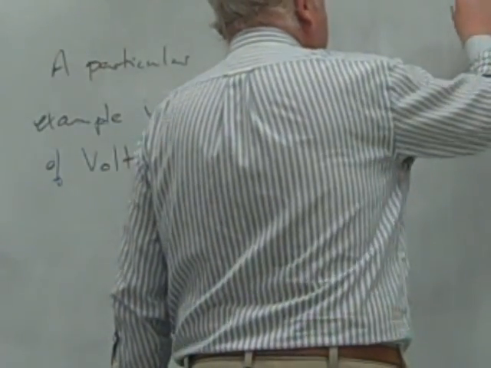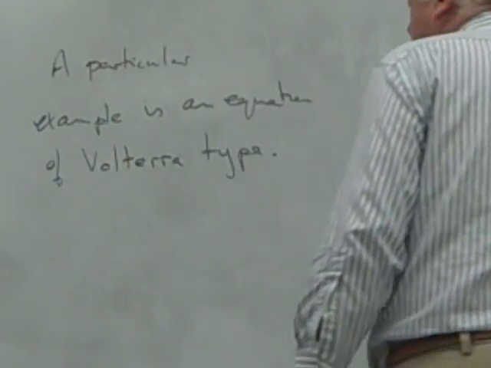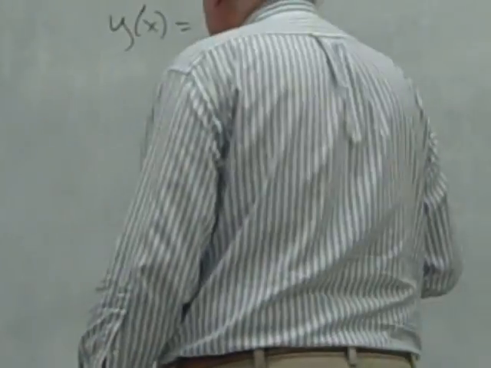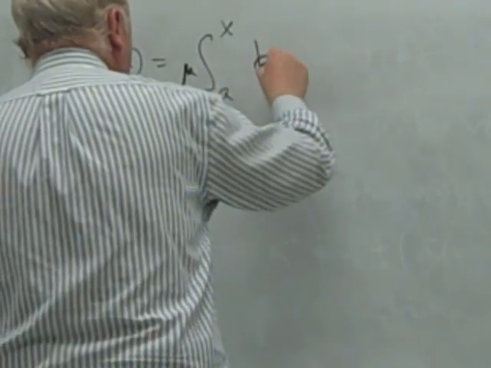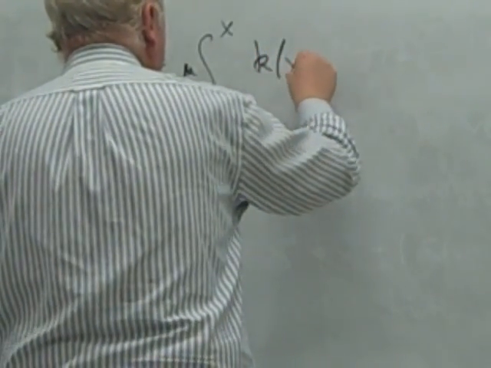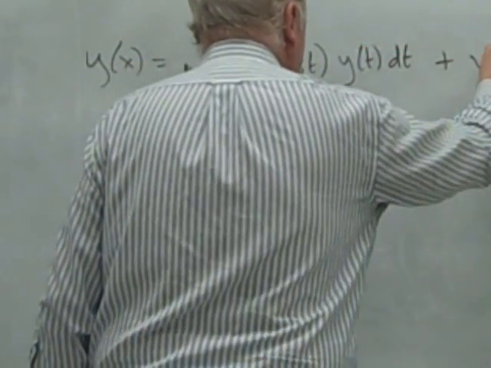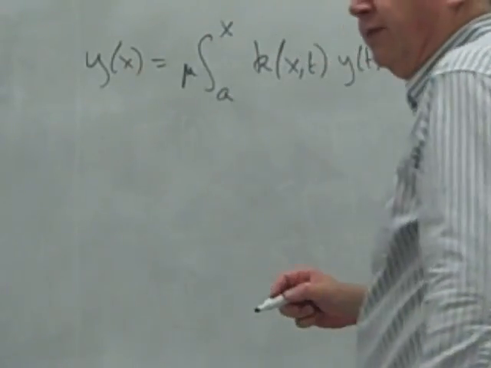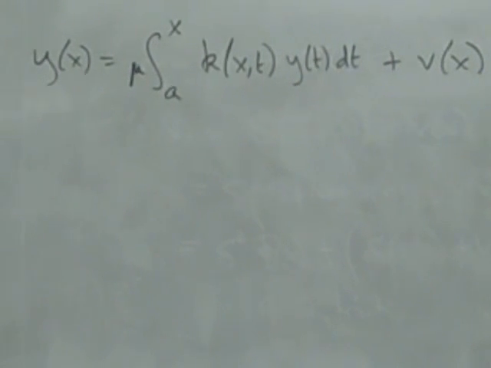So here it would be y of x is the integral a to x, and with some parameter mu in here, of a function k of x,t, y of t dt, plus some fixed function v on the end. Those two x's are supposed to be there, right? Right. Okay, so actually it doesn't quite look like what we had before because we were integrating from a to b.